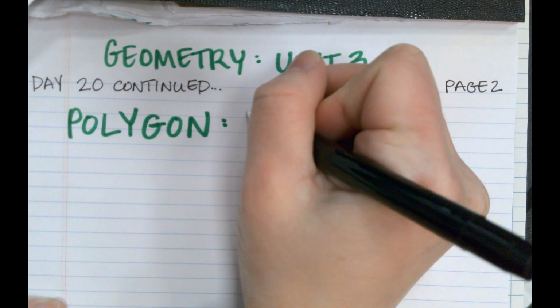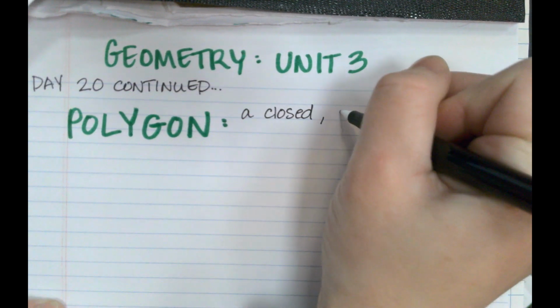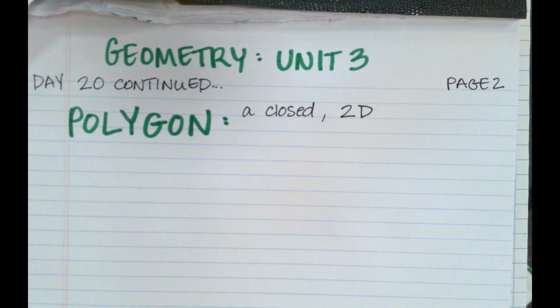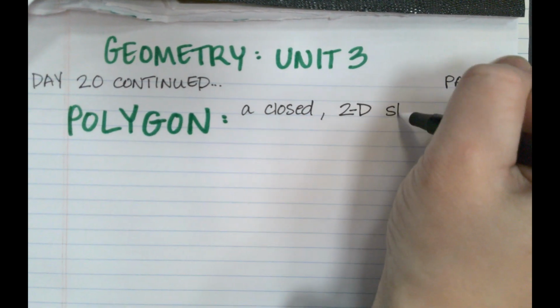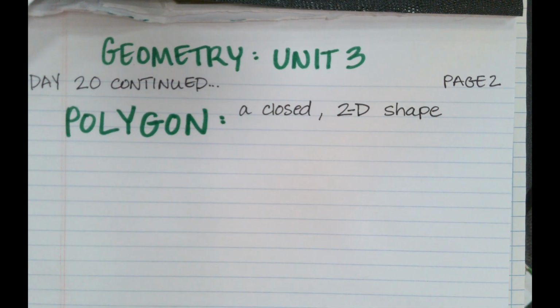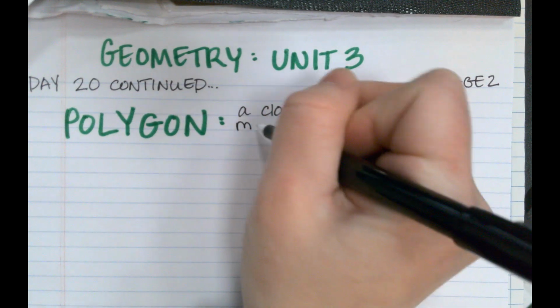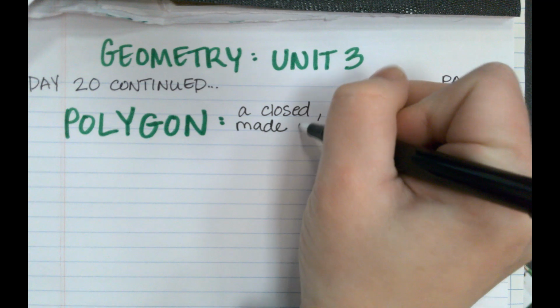So, a closed 2D, which means two-dimensional, shape. And a polygon is only a shape that's made up of straight line segments. So a circle is not a polygon. It's not just any shape.